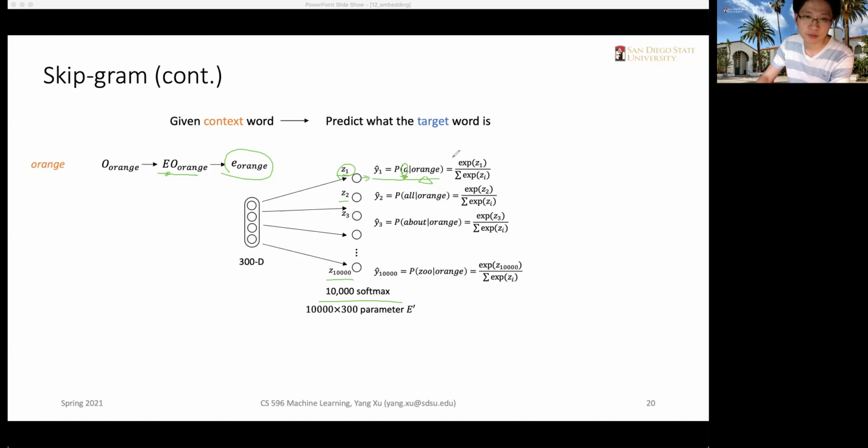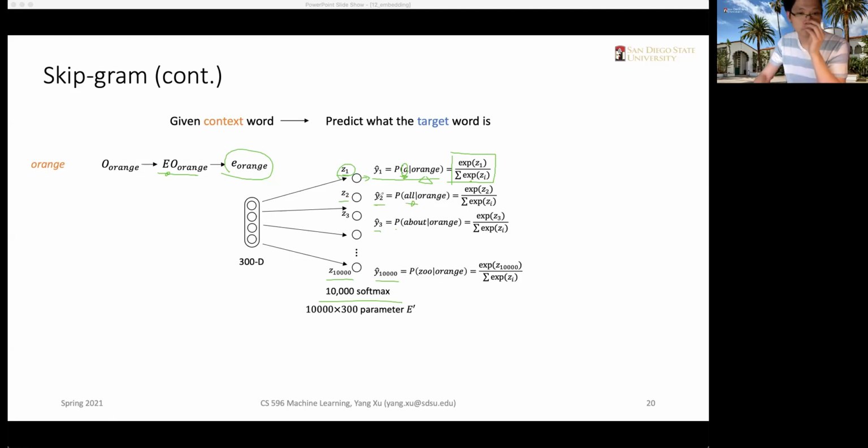The probability is measured by the exponential of Z1, normalized by the summation of all the exponential scores for all the units here. And Y hat 2 is the probability for the second word, for example, and so on for all the words in the vocabulary.